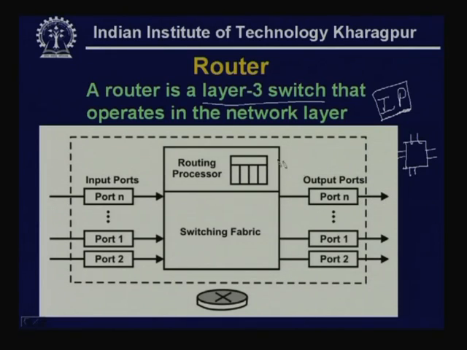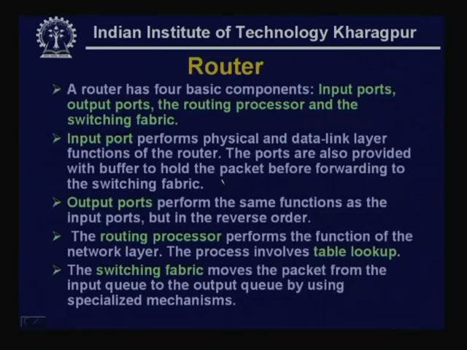However, for the purpose of understanding the functionality, we see it has a number of ports, and there is a routing processor, and there is a switching fabric, which is a special piece of hardware which can perform translation from one side to another very quickly. On the other side you also have a number of output ports. So this is the schematic diagram of a router, which performs the routing of packets in layer 3.